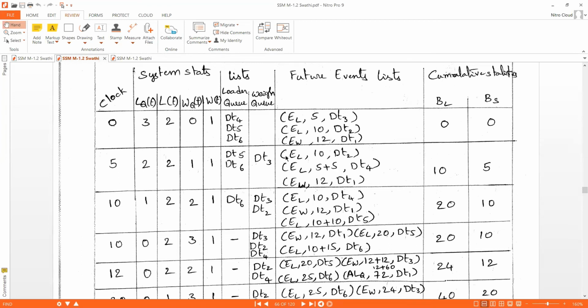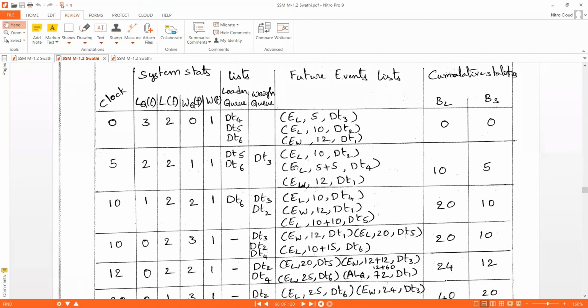Among these future events, the least imminent events are two events, the ending loading events of DT2 and DT4, which are going to occur at simulation clock time 10.